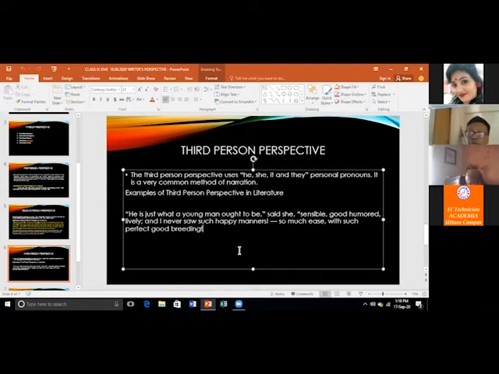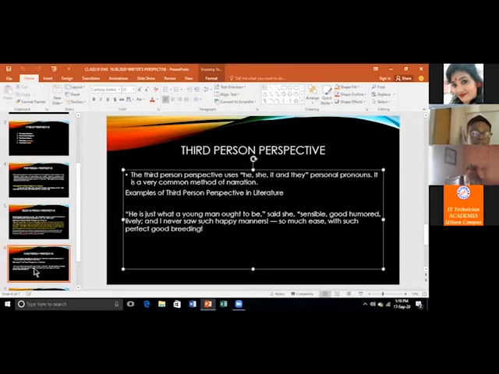We'll have to think about what the narrator is using for himself or herself, and this one is she, and this is the third person perspective used by the narrator or the writer to make the readers understand his or her perspective.